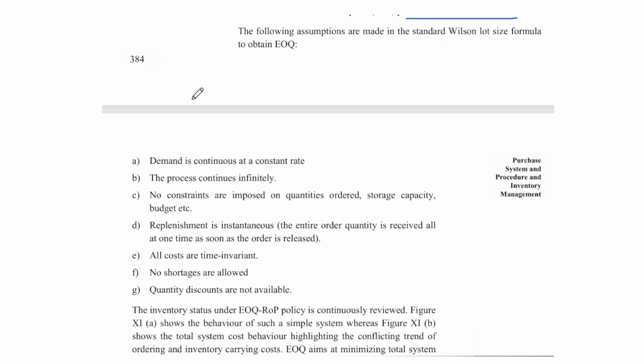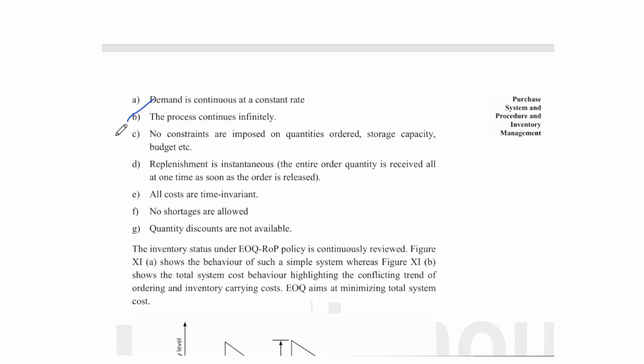The following assumptions are made in the standard Wilson lot size formula to obtain EOQ: demand is continuous at a constant rate and the process continues infinitely, and no constraints are imposed on quantities ordered, storage capacity, budget, etc., and replenishment is instantaneous. The entire order quantity is received all at one time as soon as the order is released, all costs are time invariant, no shortages are allowed, and quantity discounts are not available.